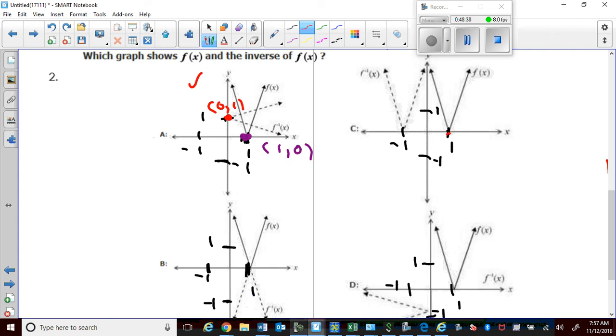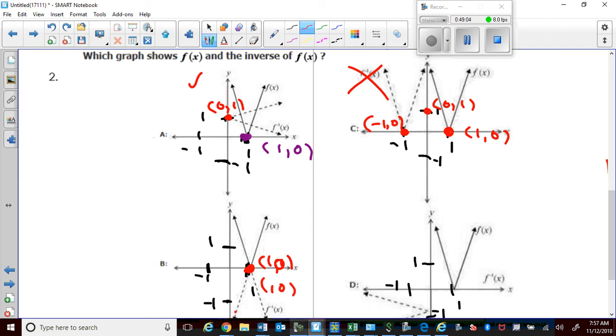Over here, I have 1, 0. My inverse should start at 0, 1. It does not. It starts at negative 1, 0. These are not inverses. Over here, inverse starts at 1, 0, and it starts at 1, 0 here.